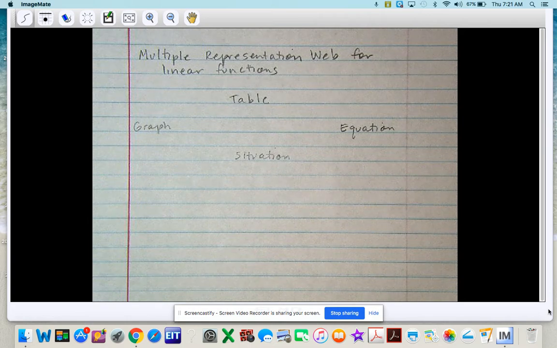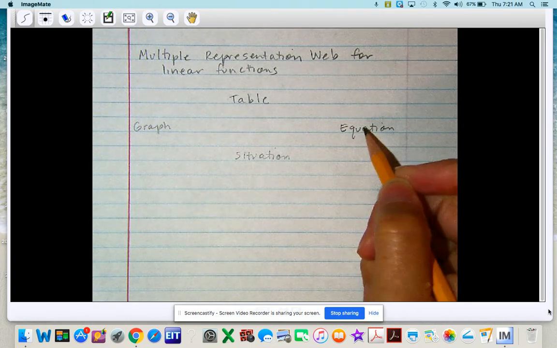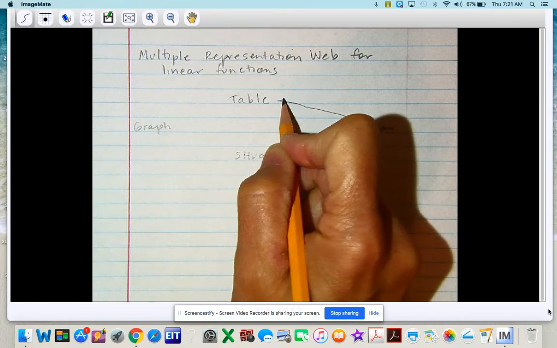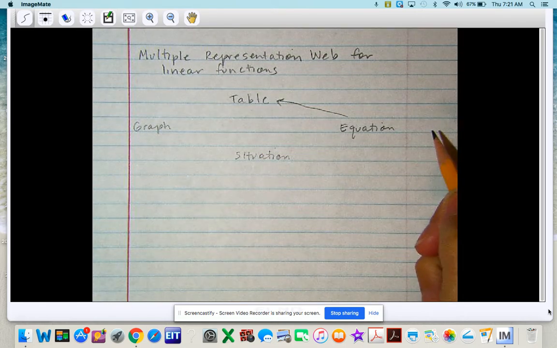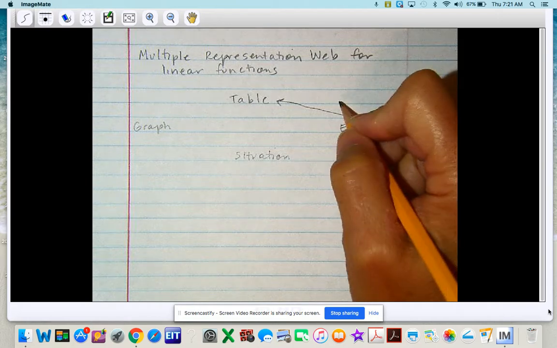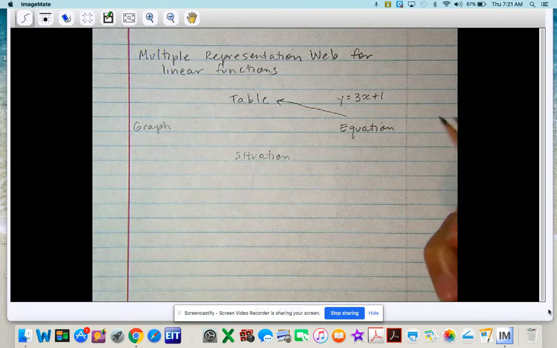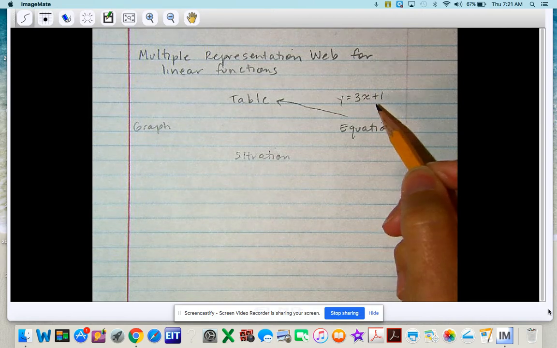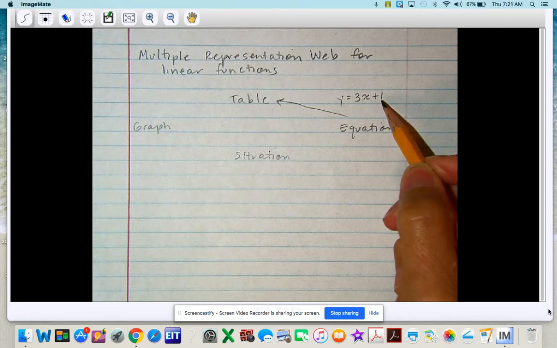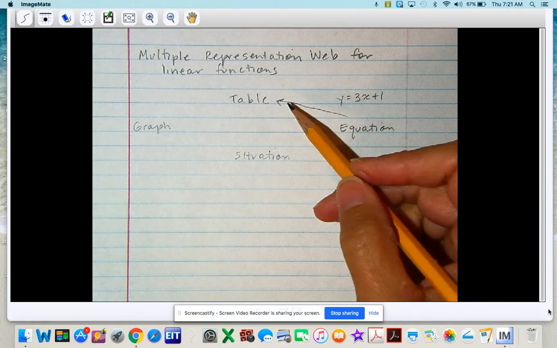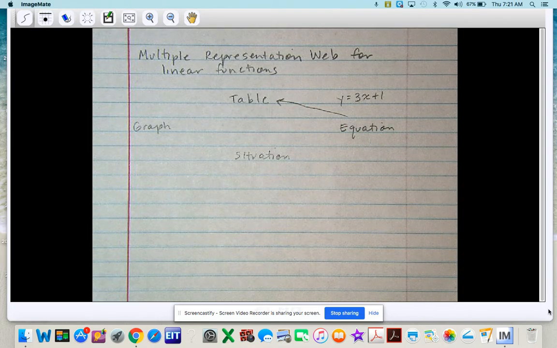All right, so where are you now? If you're given a linear equation, do you think you can generate a table from that? We did a little bit of that when we looked at a pattern y equals 3x plus 1. Okay, so we remember the zero figure had one tile and then it was growing by 3. You had to generate a table from that? Do you feel confident you could do that?